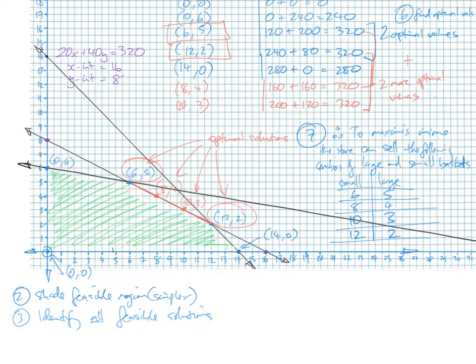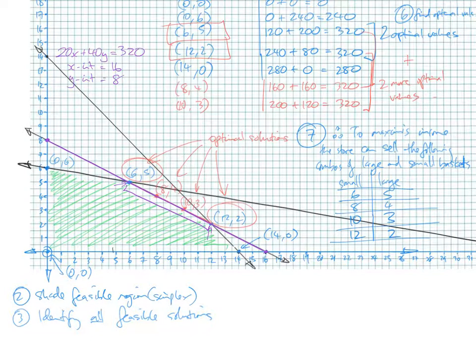So the objective function for the optimal value of 320, because that's the most they could sell their combination of baskets for, is this purple line here, which you can see meets the simplex along that particular boundary. So those 4 valid points, the 2 vertices and the 2 valid points between them, are all optimal solutions.